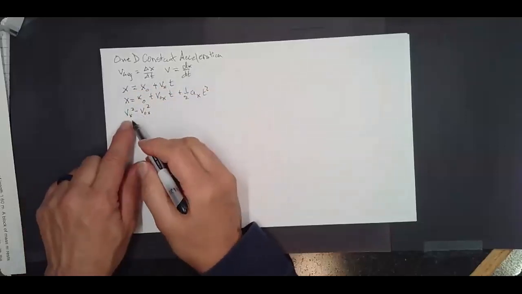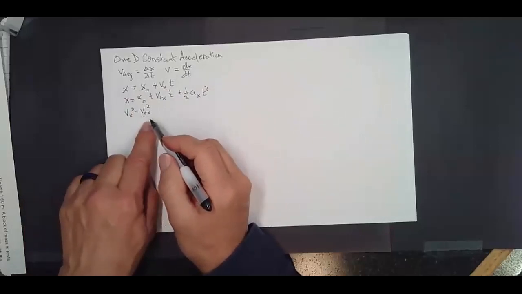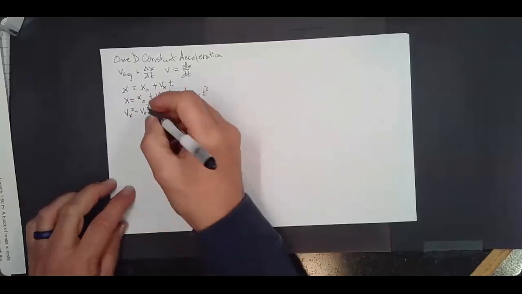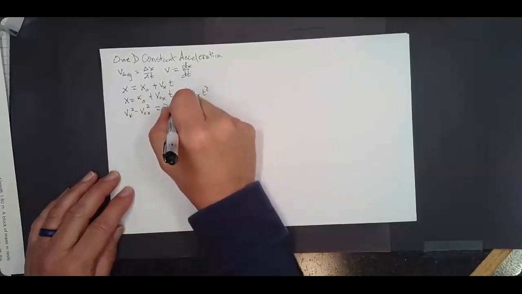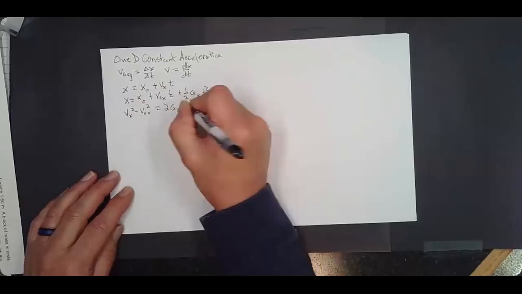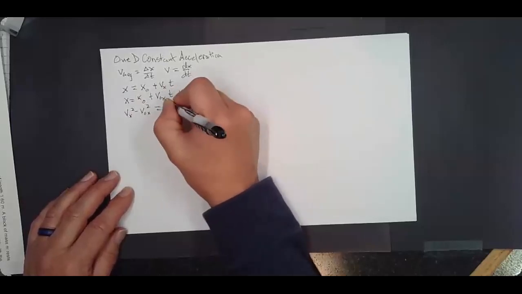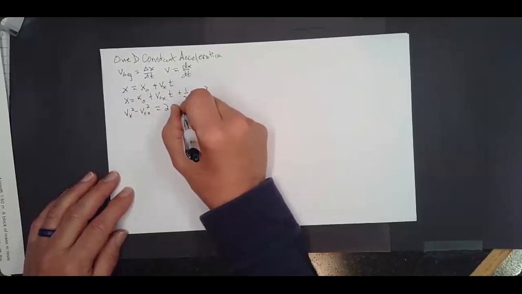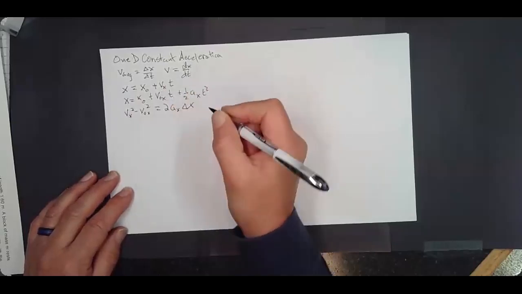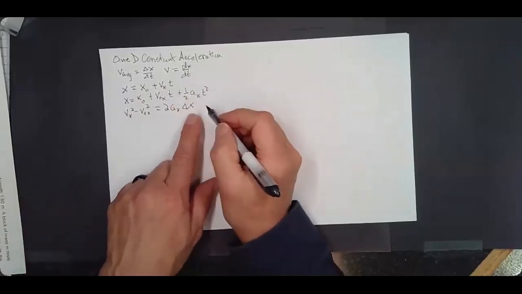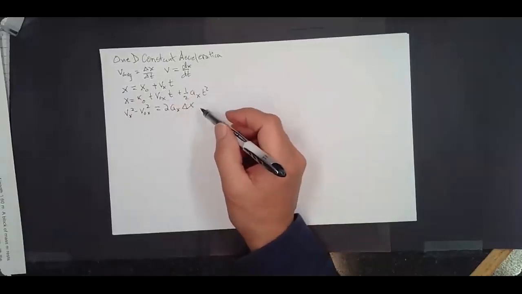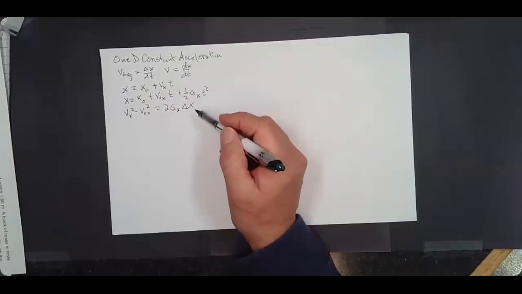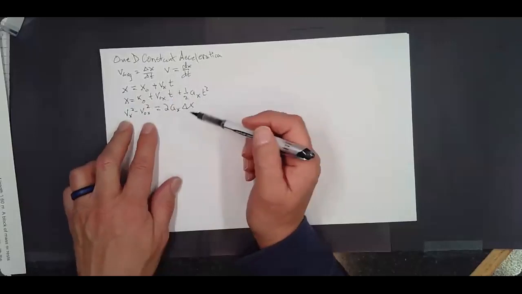This could be v2 squared minus v1 squared, or v final squared minus v initial squared. It'll equal 2 times the acceleration in the x direction times delta x, 2a delta x. That would be x minus x naught for delta x, but it could be x final minus x initial or x2 minus x1. It's just the change in x while the velocity changes.